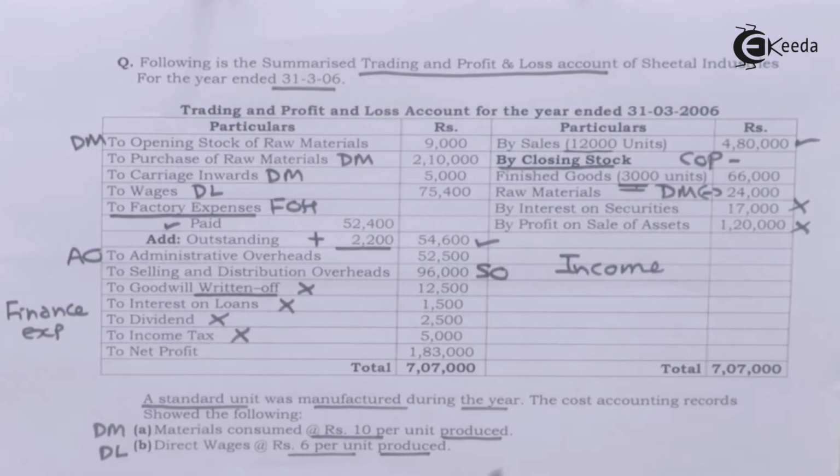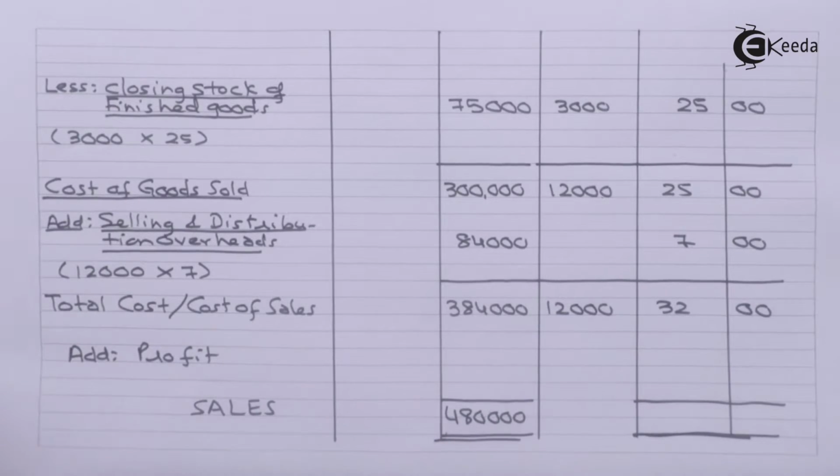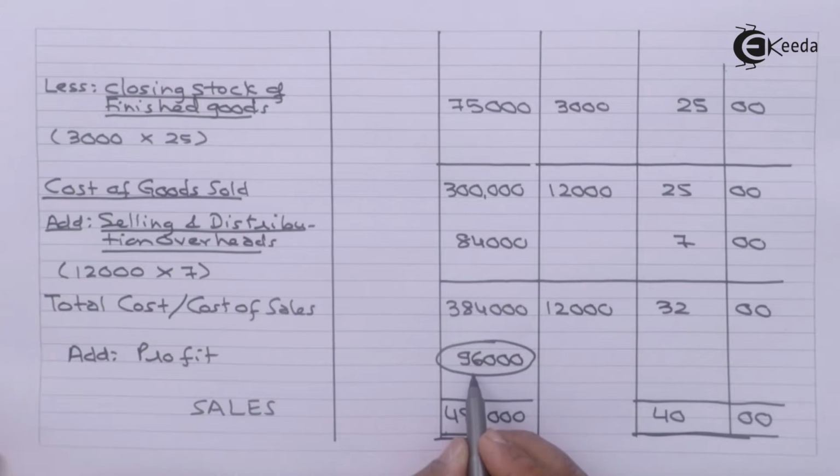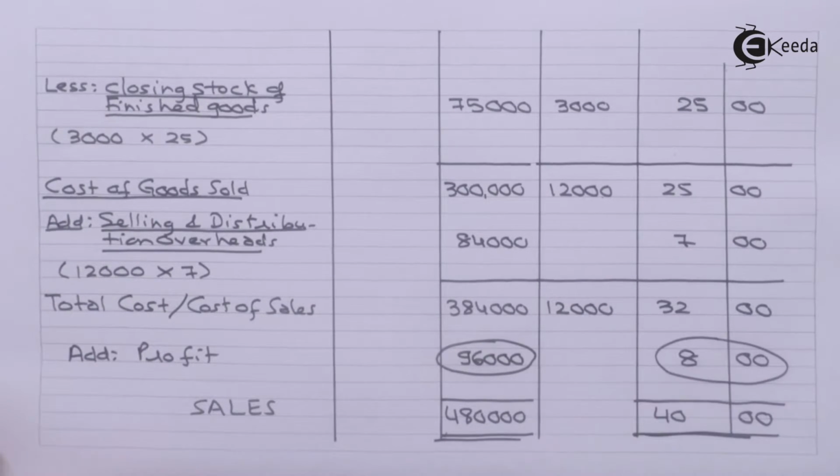Sales as per financial book is 4,80,000. Profit as per cost book is rupees 96,000. Per unit profit is rupees 8.